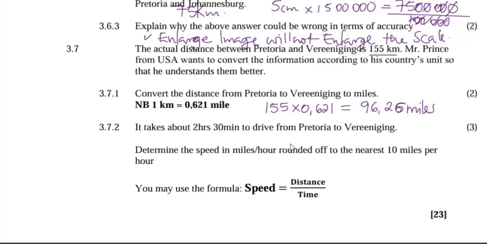It takes 2 hours and 30 minutes to drive from Pretoria to Vereeniging. Determine the speed in miles per hour. So here we've got the distance already. So we shall write it down there. Divide by time. The time we've just seen is 2.5 hours.